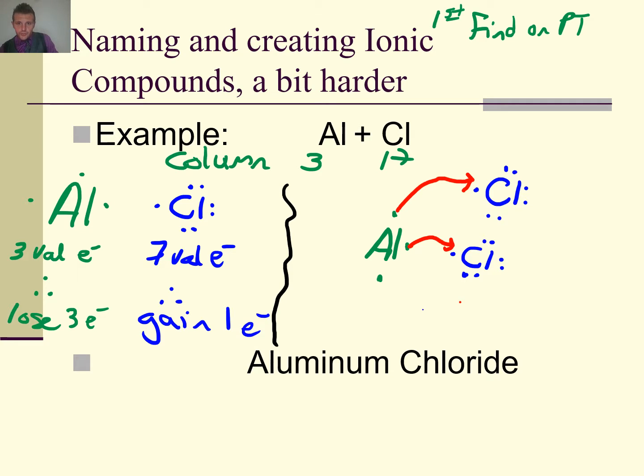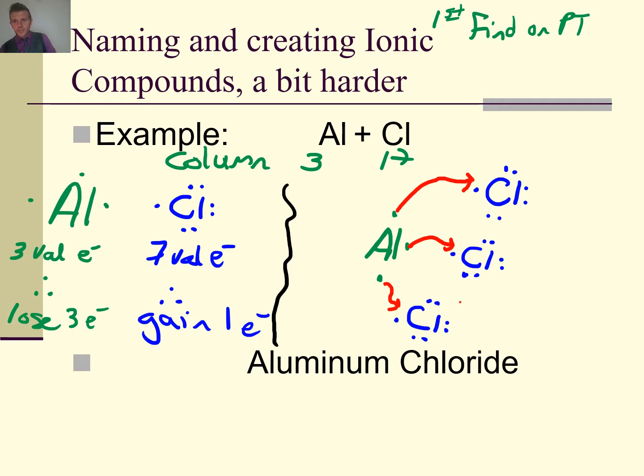Aluminum still needs to lose another one. So then a third chlorine is needed. You're going to do this pattern until everything reaches noble gas configuration.